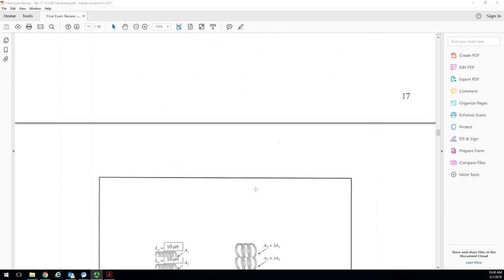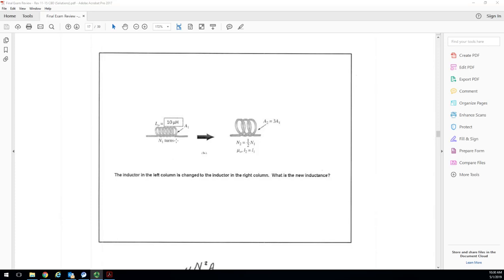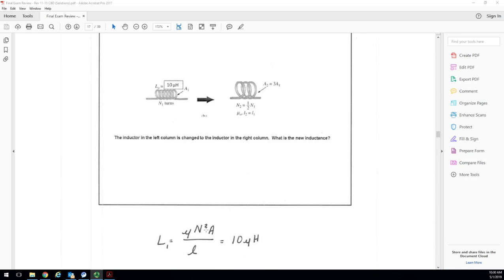Let's look at another change here. So we have a 10 microhenry inductor that we're starting with again here. This time we're going to triple the area, halve the number of turns, and then keep the air core and keep the length the same. So we're changing two things this time. So in our equation, we're going to put 1/2 here, so we're squaring 1/2.